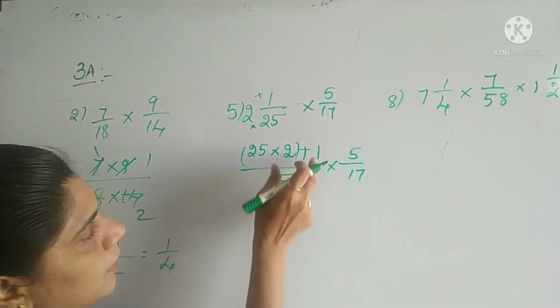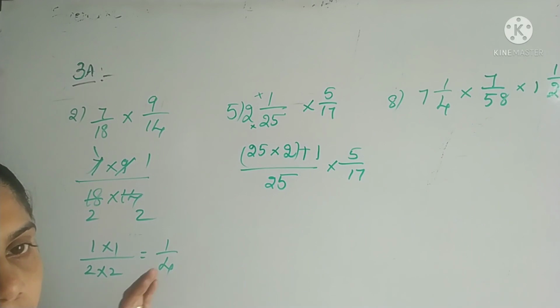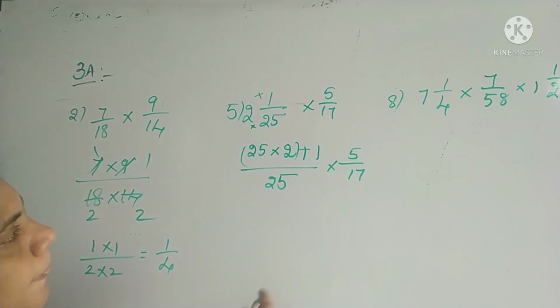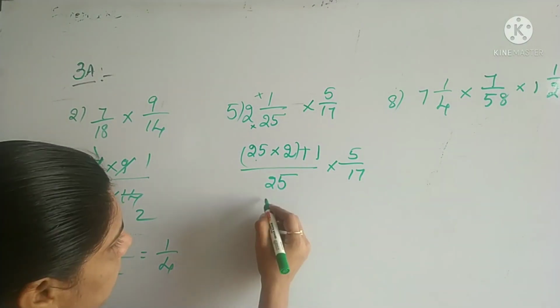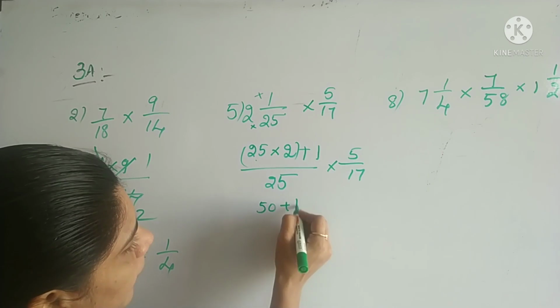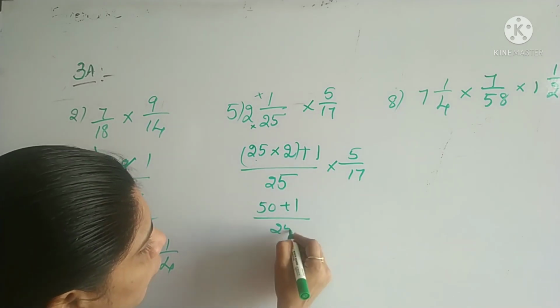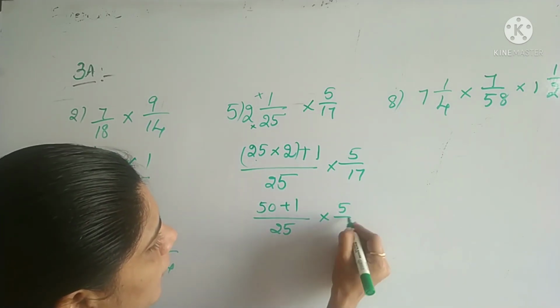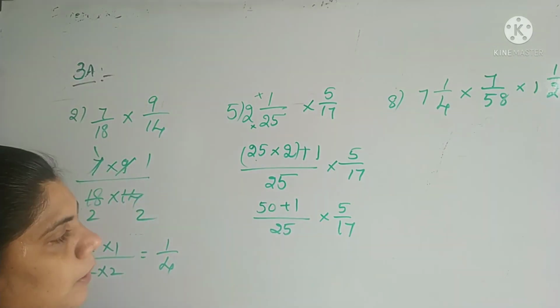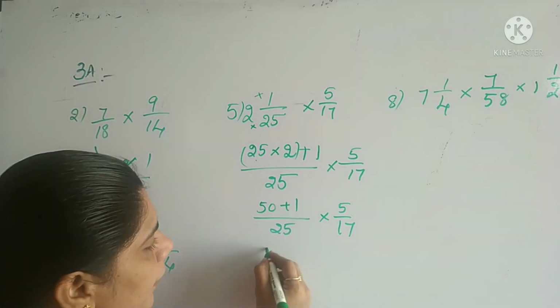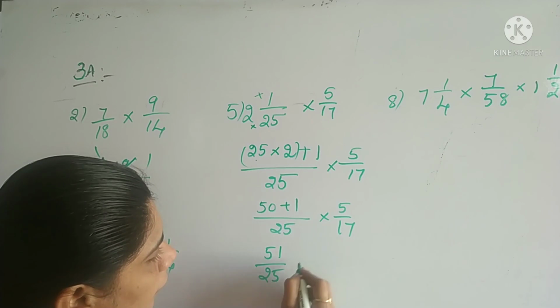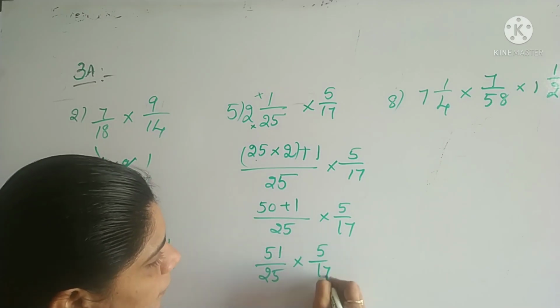After solving this numerator, we will do the product of fractions. Now see, 25 into 2 will be 50, 50 plus 1 as it is, divided by 25, into 5 by 17. Okay, now 50 plus 1 becomes 51 by 25 into 5 by 17.